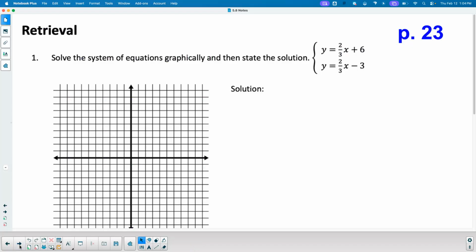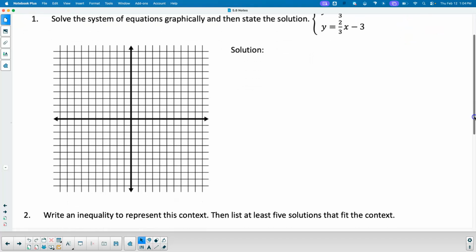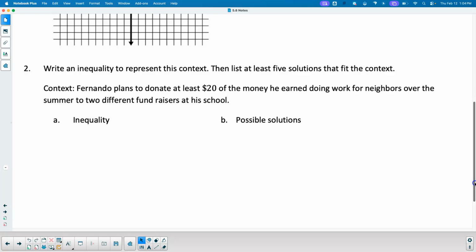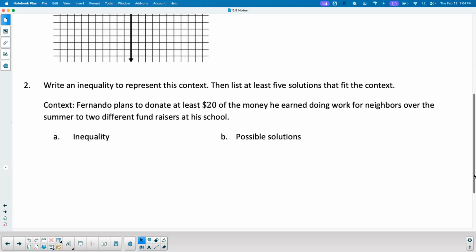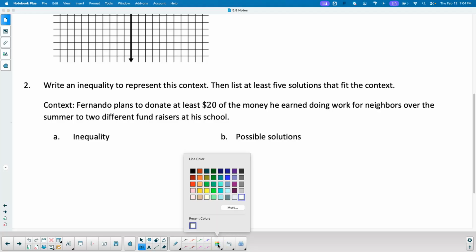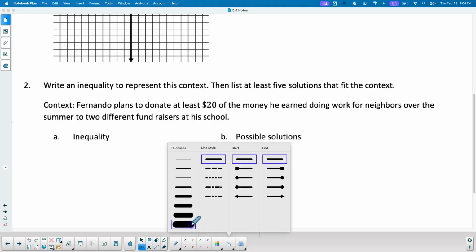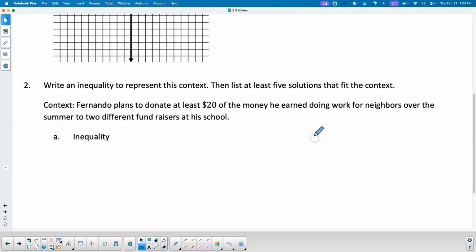So, on page 23 of your notes, solve that system graphically. Tell me what the solution is, for 1. And then in number 2, just write me the inequality.